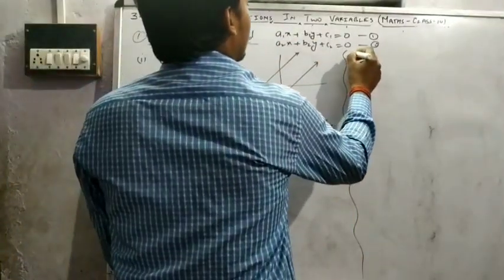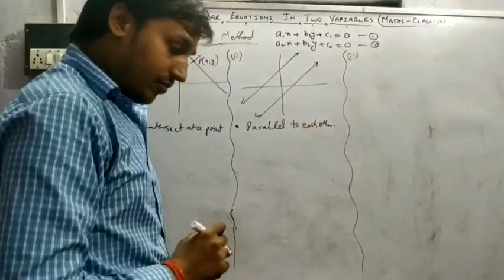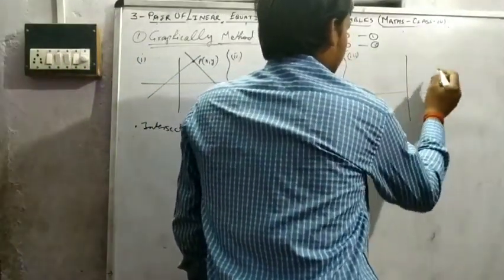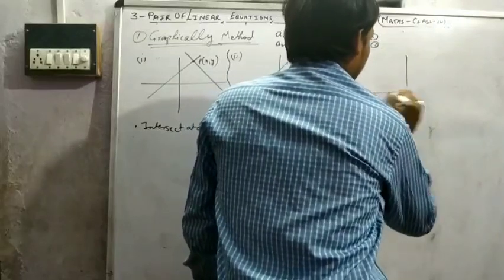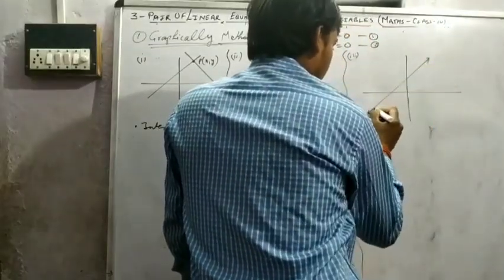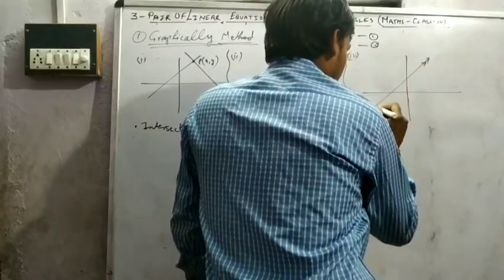Third type, you draw the graph and you get the first graph and second graph.